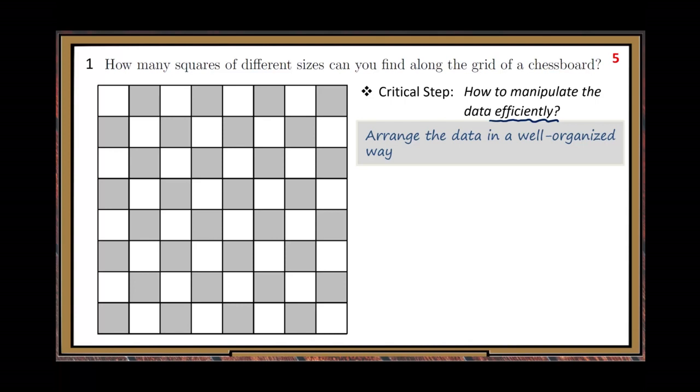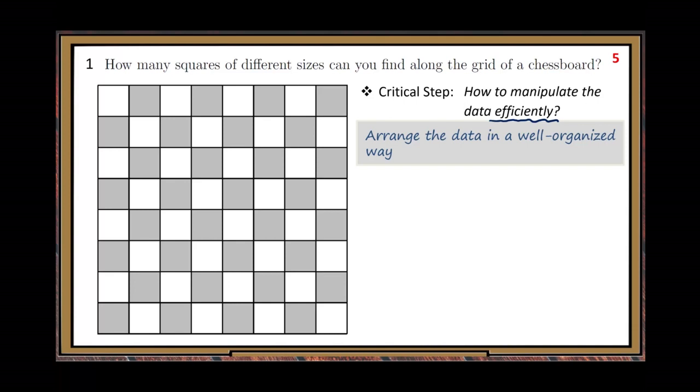So here, at this point, the given data, all the possible squares you can find in the standard chessboard, they are distributed pretty much randomly, right? So here and there, distributed randomly.